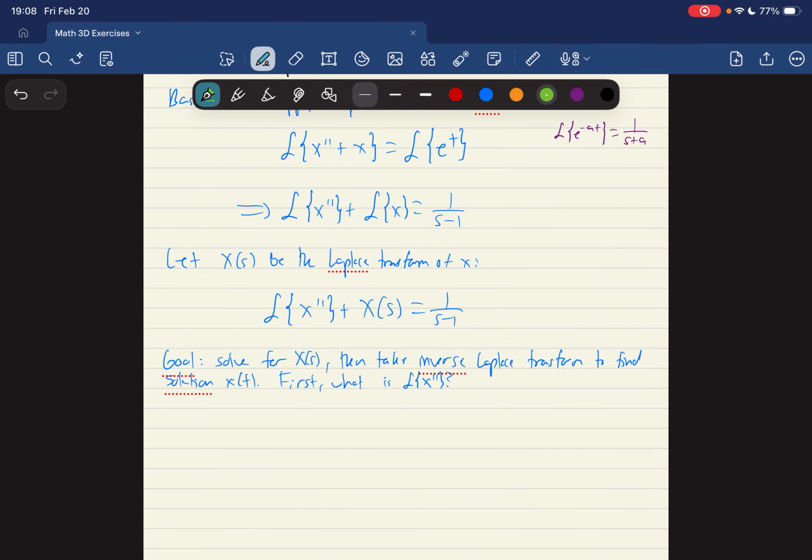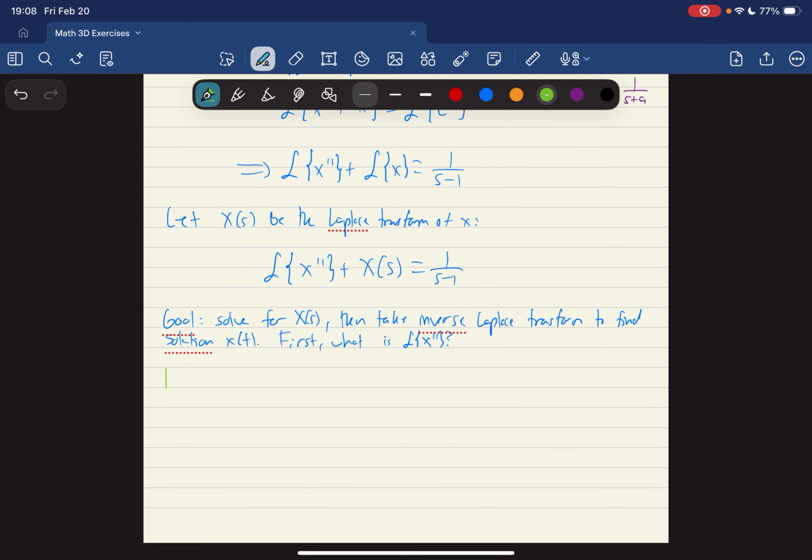For this, we're going to use a general property about Laplace transforms of derivatives. Key property: if the Laplace transform of f of t equals F of s, then the Laplace transform of the derivative of f of t is going to be exactly s F of s minus f, little f in this case, of 0.